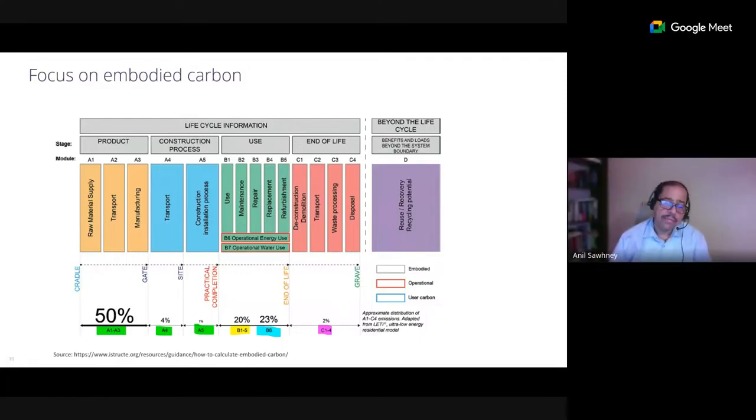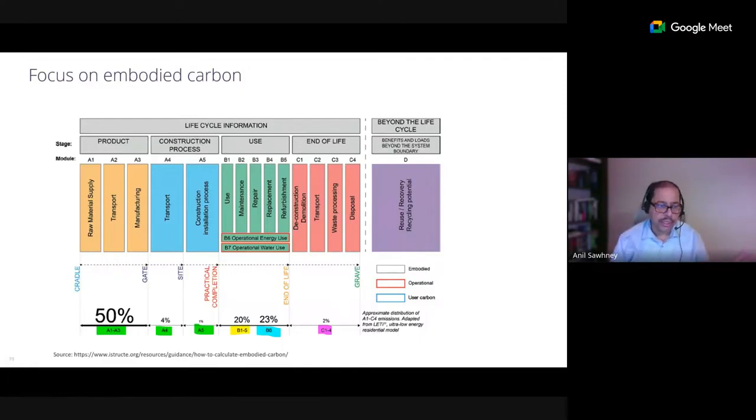A5 is tough to calculate though. Here in the US, they've just come out with a calculator. Maybe if somebody can keep track of things that I'm promising, I said I'll send a report on carbon pricing. I can also share a link to a tool released by an entity here in the US called Associated General Contractors of America, with which you can measure your emissions during site operations, so A5.